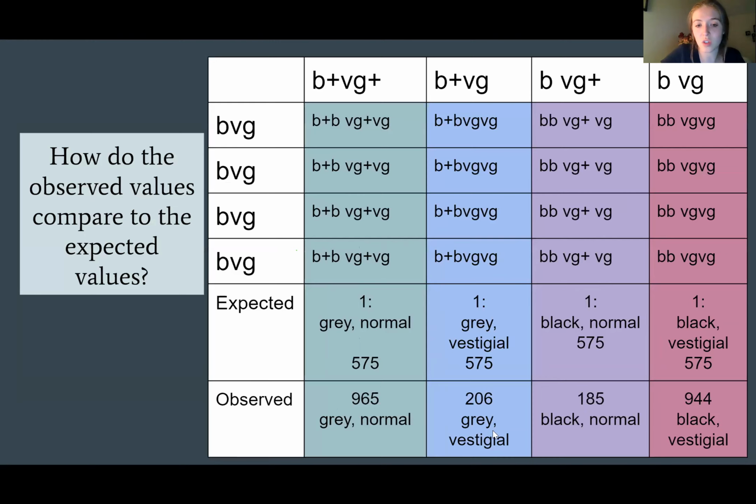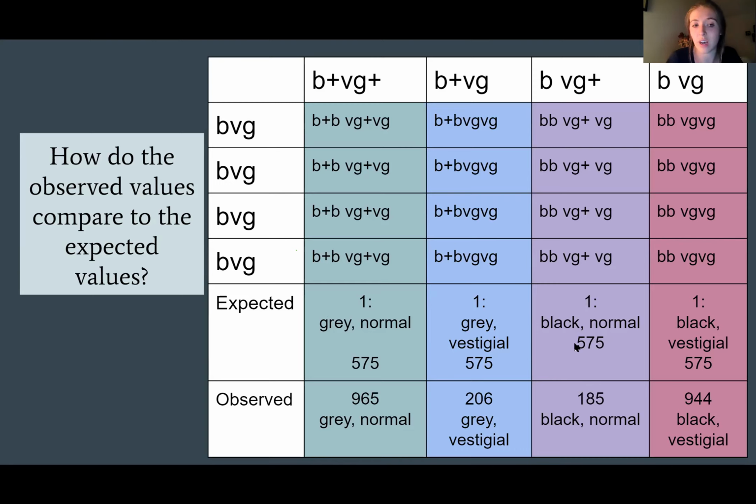Now, his observed data did not fit the expected results. What I encourage you to do is the chi-squared test for Thomas Morgan's observed results, figuring out, okay, is this 965 close enough to the 1-to-1-to-1-to-1 ratio we would have expected out of this particular cross?